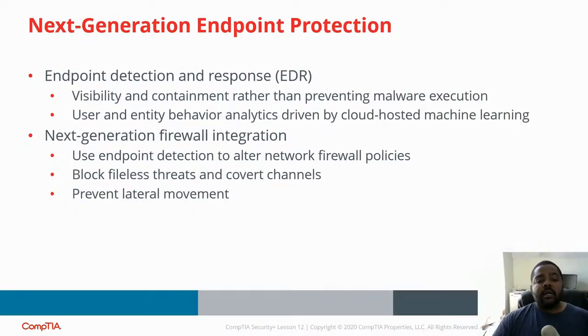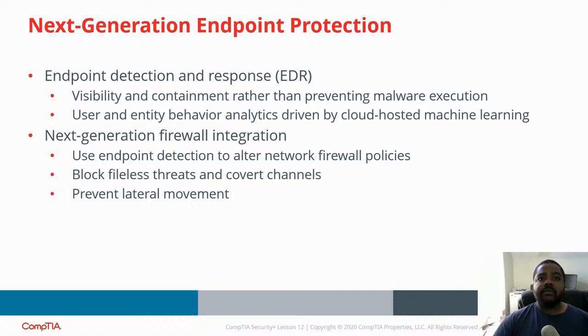Now, as antivirus has evolved over the years, it still is lackluster in some way at actually containing the spread or an outbreak of a virus. So we have these things called EDR protections, and this is where we have more functionality when it comes to an attack, and we can actually isolate devices on our network from being contacted by any other devices.